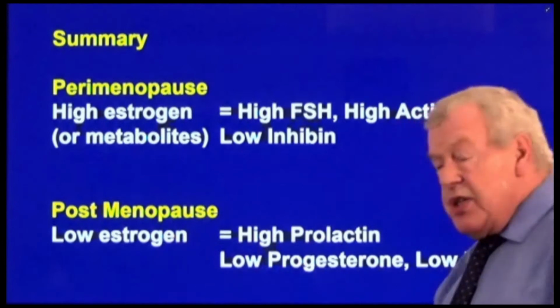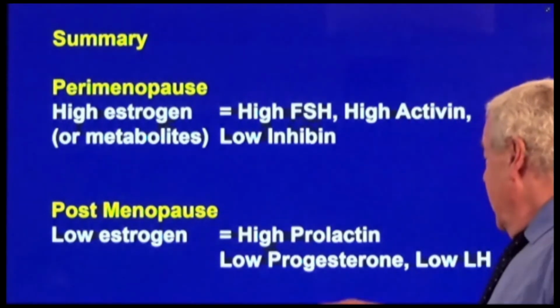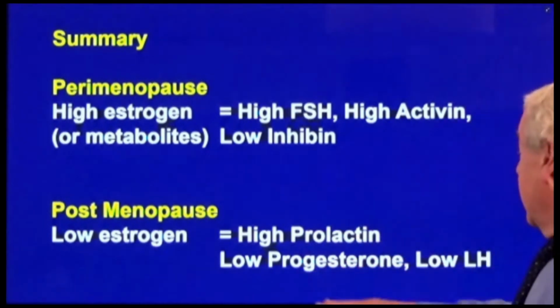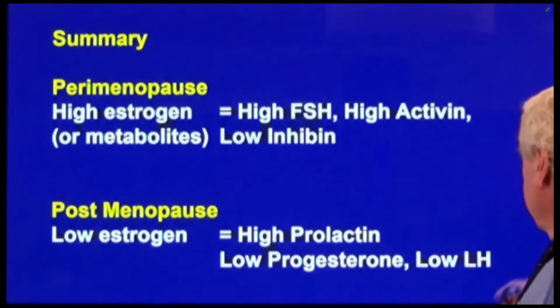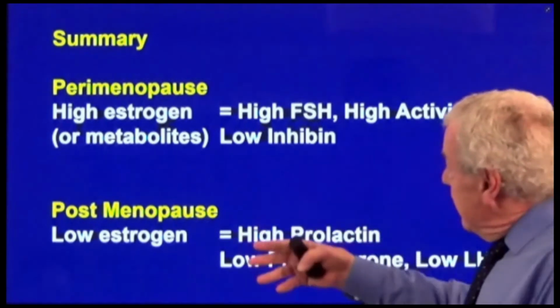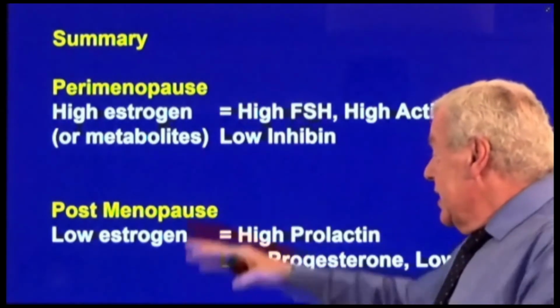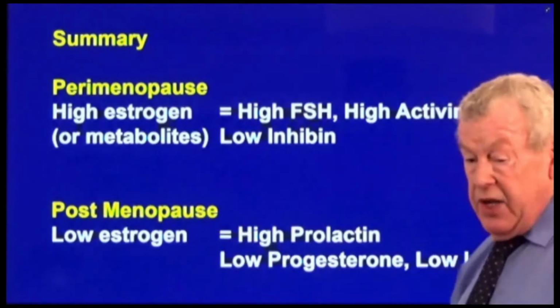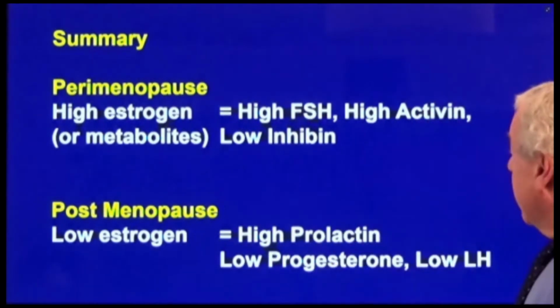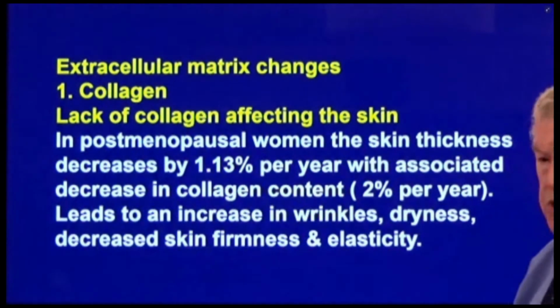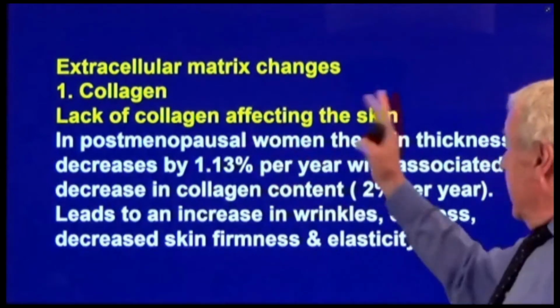Postmenopausally is usually associated with low levels of estrogen, and therefore we see high prolactin, which we'll come into in a minute, low progesterone and low luteinizing hormone. So the general difference is perhaps perimenopausally we may have high estrogen or its metabolites, and postmenopausally we have low estrogen and high prolactin. So two of the common changes menopausally or postmenopausally is the extracellular matrix.